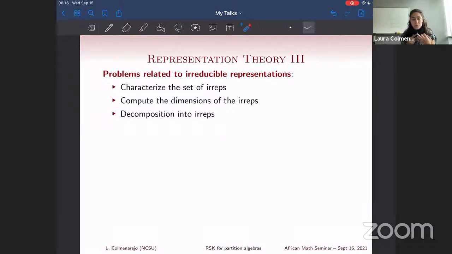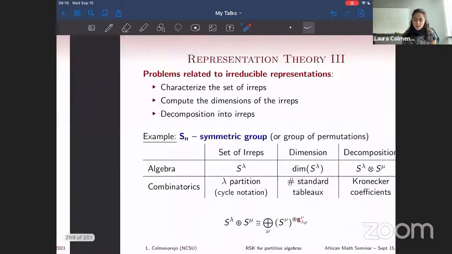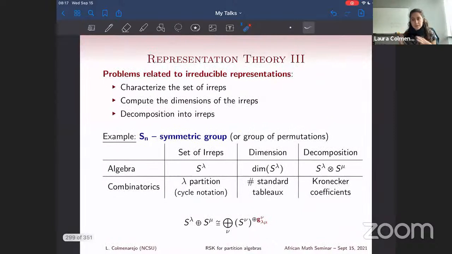I want to be able to compute the dimension of those irreps, because that is going to help me when I try to decompose into irreducibles. If you have an operation, you want to decompose into irreducibles, and then you want to see what those coefficients are. So knowing the dimensions can be very helpful. And that is where the combinatorics plays a role.